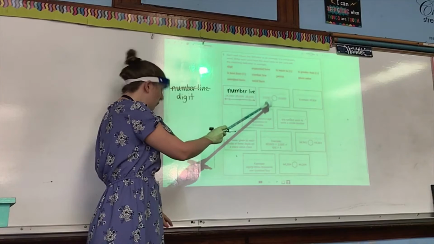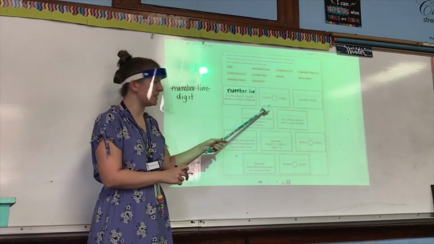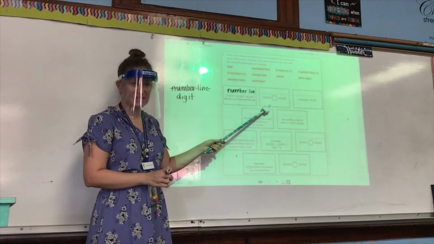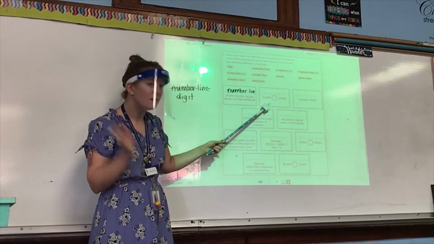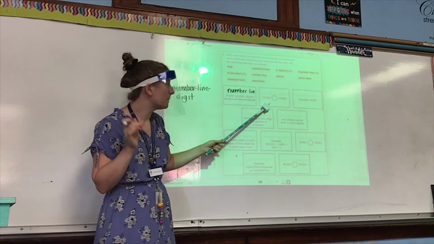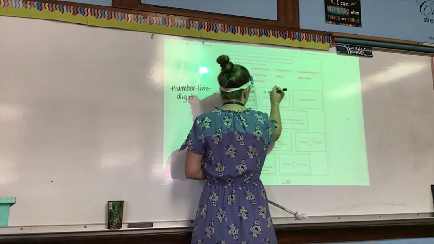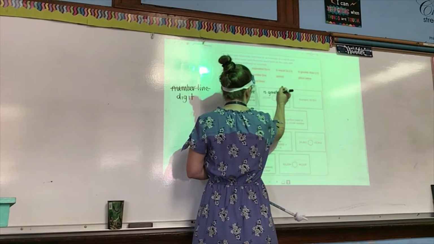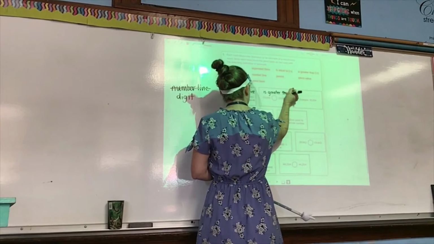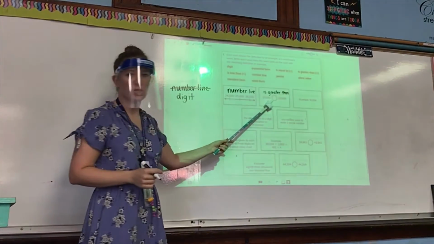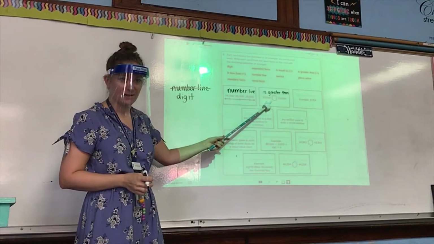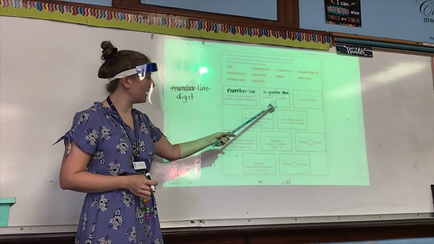Carla, what word goes with this card? It's the middle card on the top. What is it? Greater than. Is greater than. Now, are we done though? We have 2 blanks on this one, right? So what do we have to put in this circle?